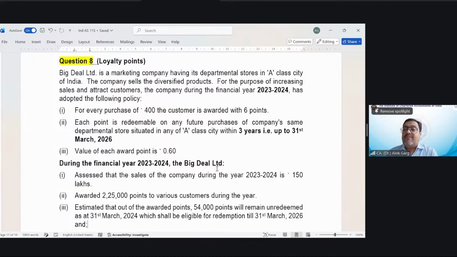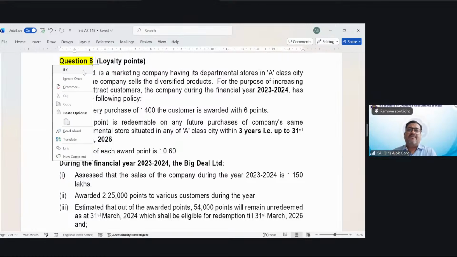If you have traveled with Air India, they have the Maharaja Club program, with Maharaja Club loyalty points. If you have flown with Indigo, they have the BluChip program, called BluChip loyalty points.